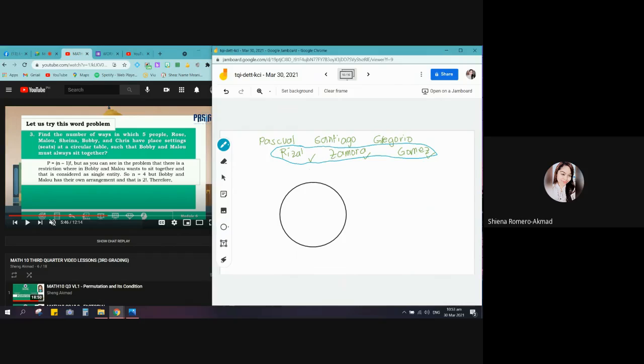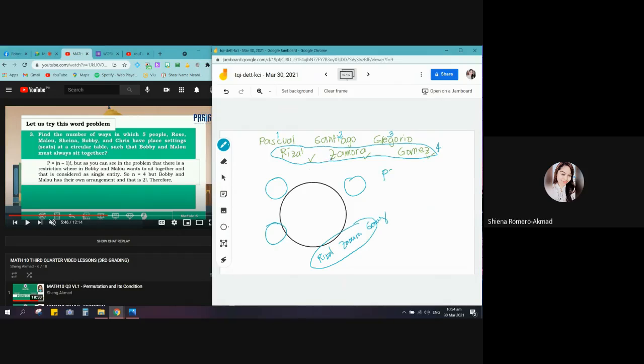And if we consider them as 1, how many are there in all? 1, 2, 3, and 4. So only 4 will sit here. But notice that the fourth one is composed of Rizal, Zamora, and Gomez. Understand? So whoever is in there. What we will do first is solve for the arrangement of the whole thing. 1, 2, 3, 4.